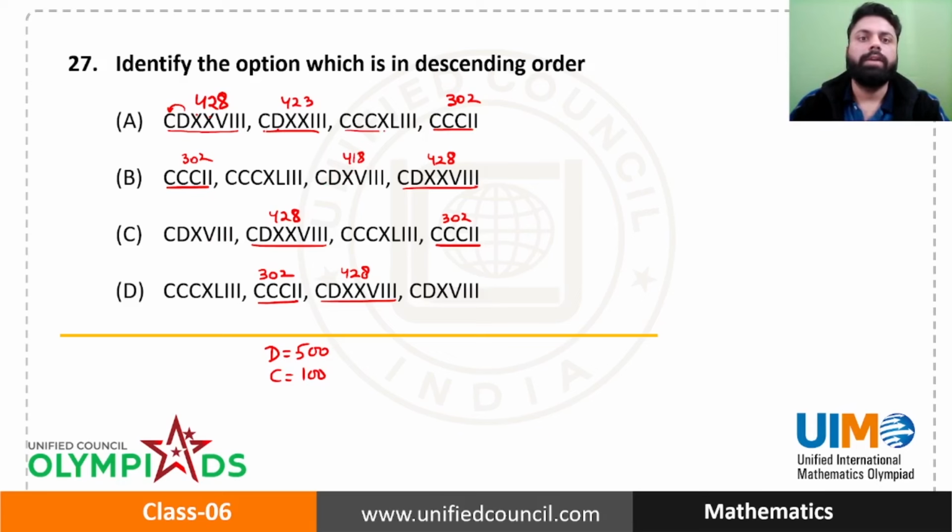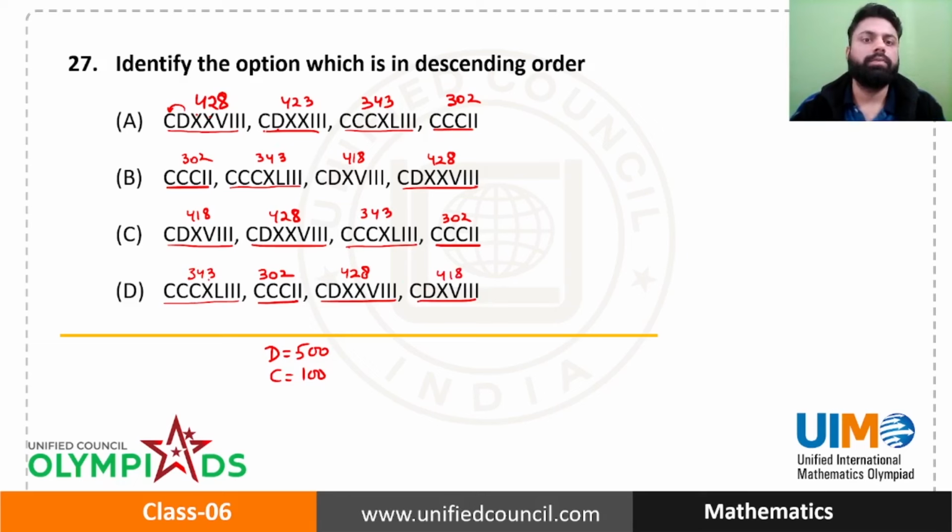Let's find out this value also. This is 343. CD, that is 418. Triple C, this is 343 and CDX is 418. We need to find out the descending order.